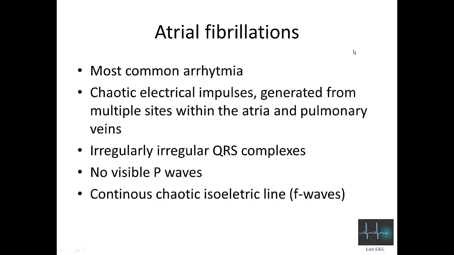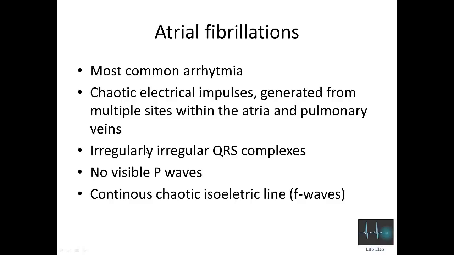And the genius thing about the AV node is that it can selectively choose which signals to propagate through to the ventricle, meaning that even though you have chaos in the atria, you can still have much more order in the ventricle.